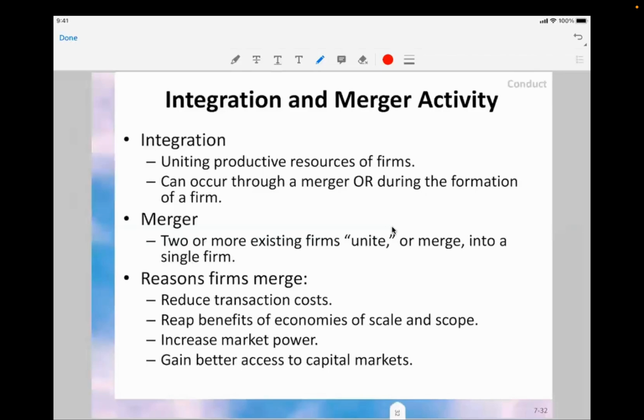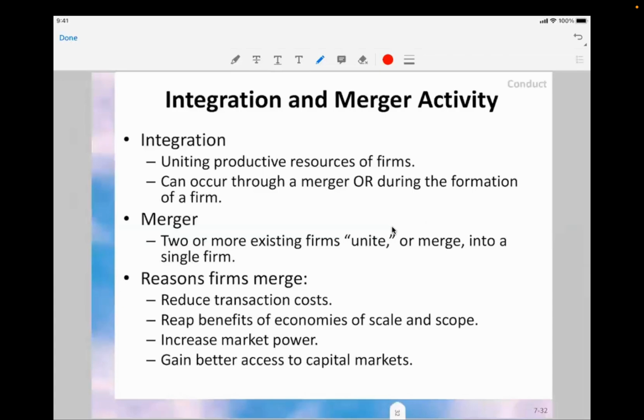Integration can happen in a way that firms keep their identities separate, but they are still performing under the same management decision pattern. But a merger usually combines these two companies and forms a new, single firm, rather than two or several separate firms.